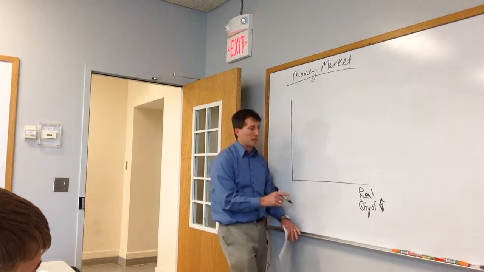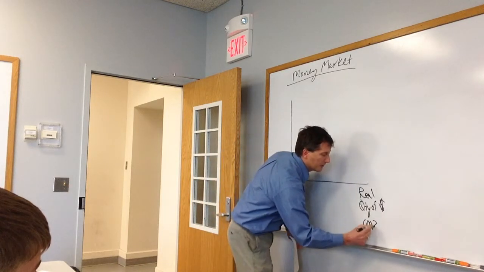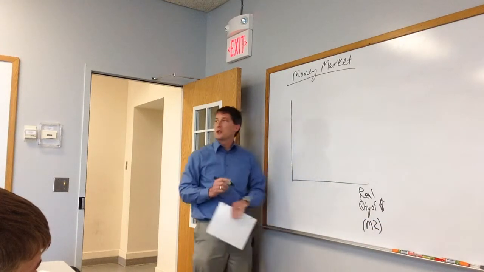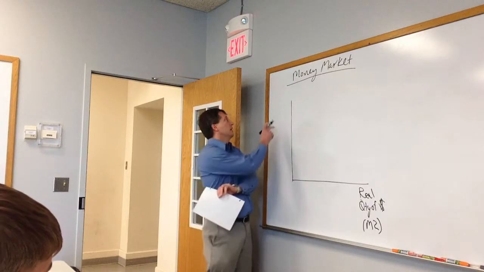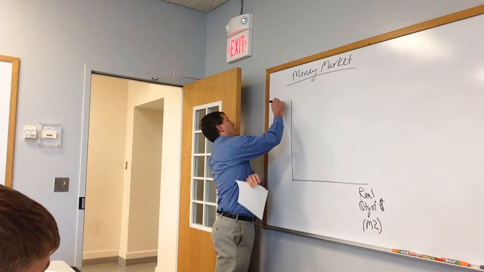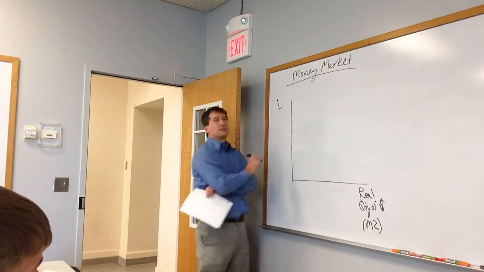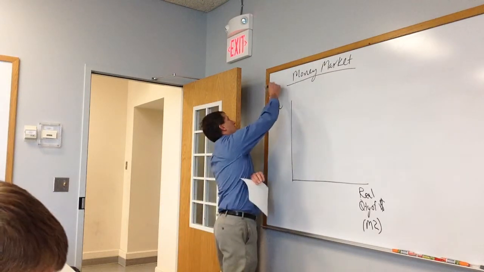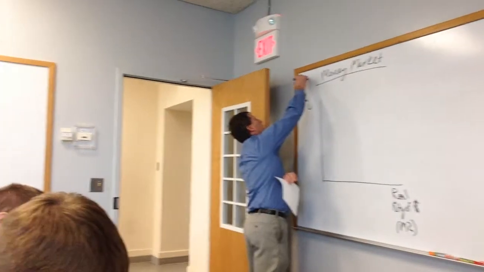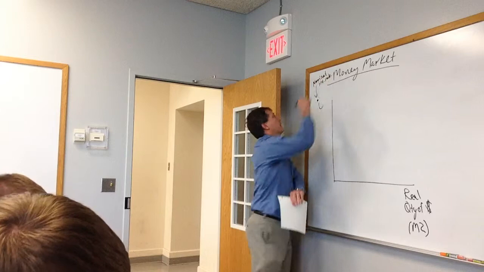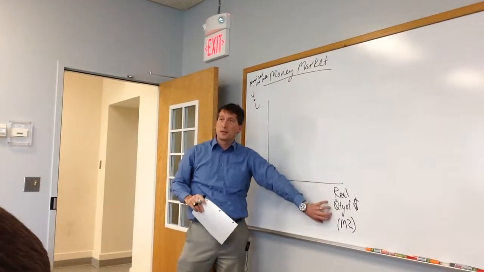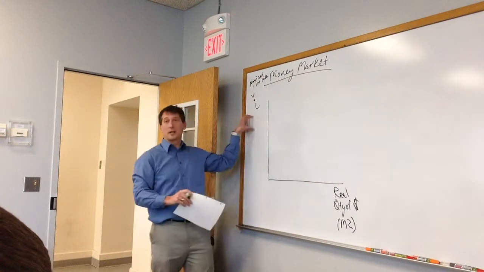Again, we usually think about M2 as the primary measure of money that the government monitors. The interest rate is going to be the nominal interest rate. So this is the nominal interest rate. In other words, we took into account inflation down here, so we don't need to do it up here.